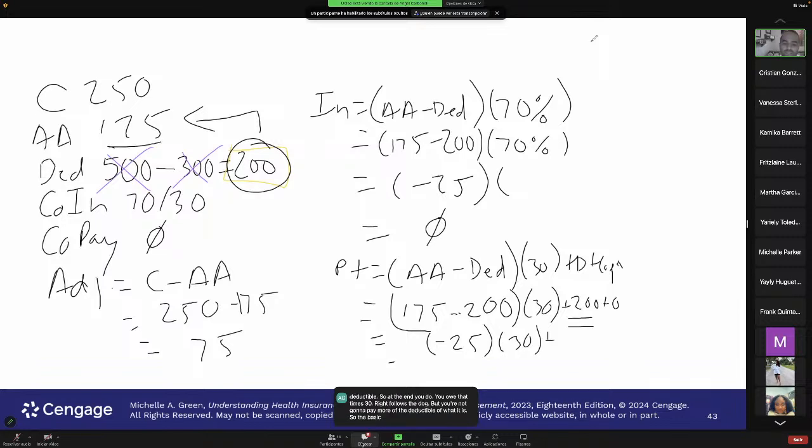So the patient in this case is going to pay the allowed amount from the deductible, and that will be 175. But whenever you get negative numbers, the insurance is not going to pay anything. If you get negative numbers here, the patient is going to pay the complete allowed amount from the deductible.